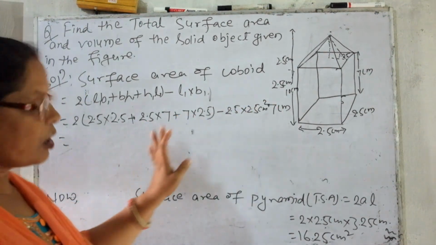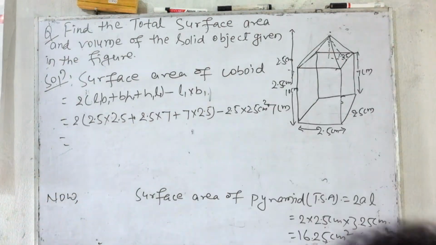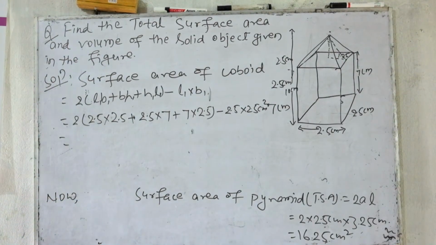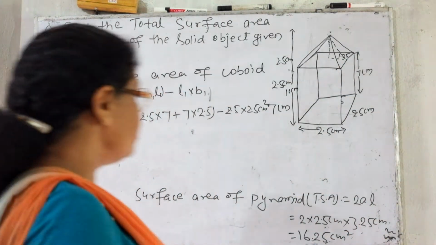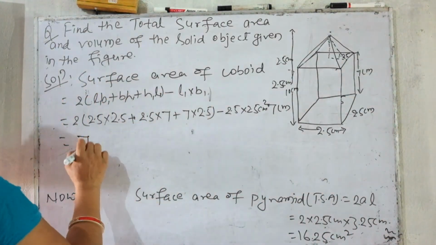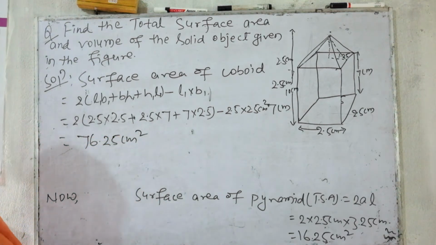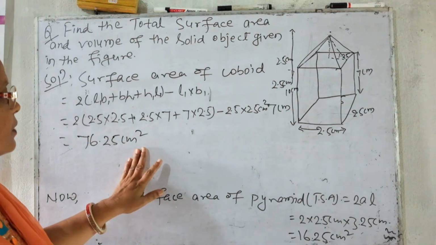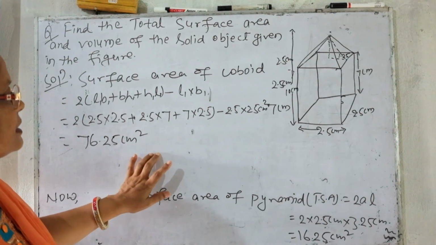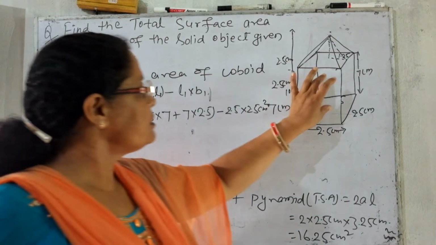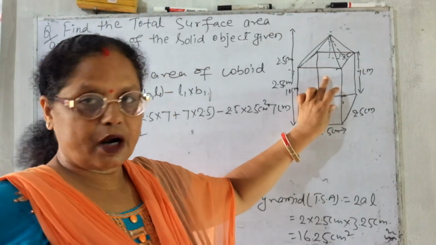After solving this you will get 76.25 cm square. It is the surface area of this lowermost part.